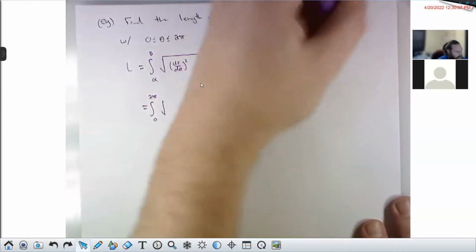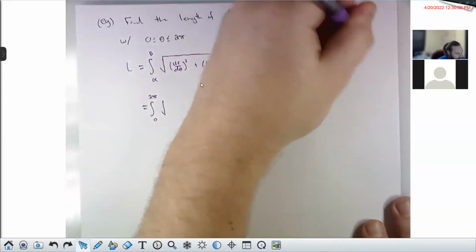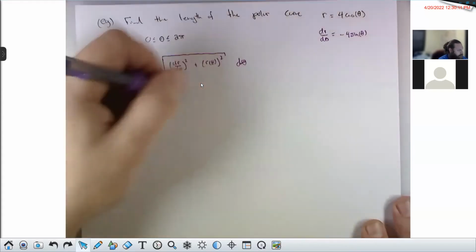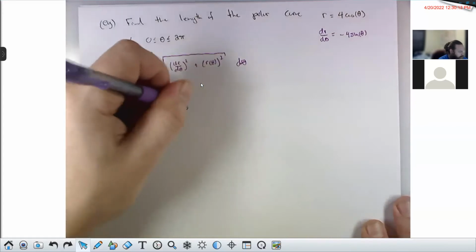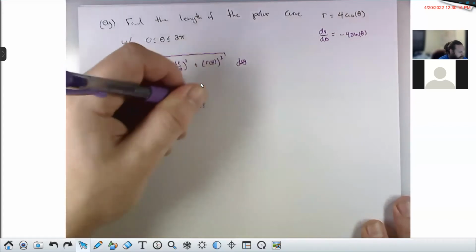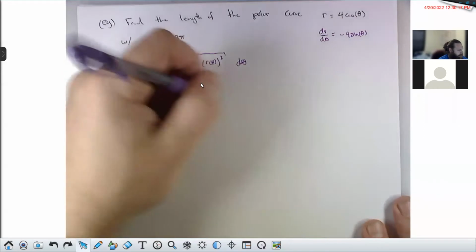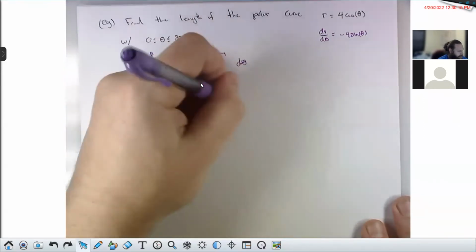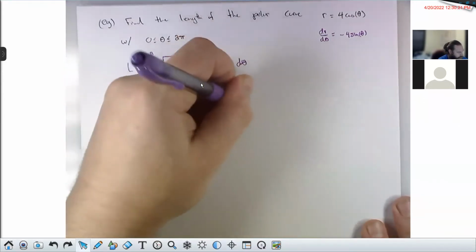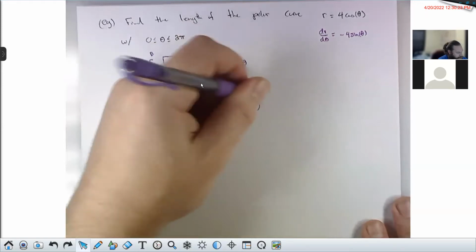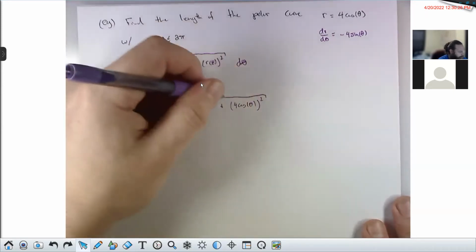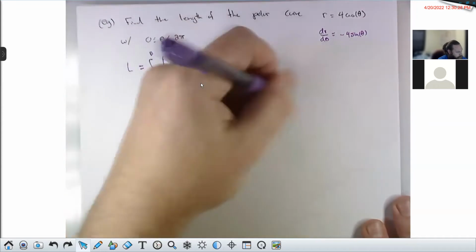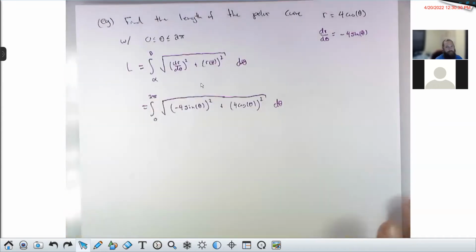If I differentiate this, I'll get negative 4 sine theta. So this is going to be negative 4 sine theta all squared plus r of theta, which is just 4 cos theta, so 4 cos theta all squared, d theta.